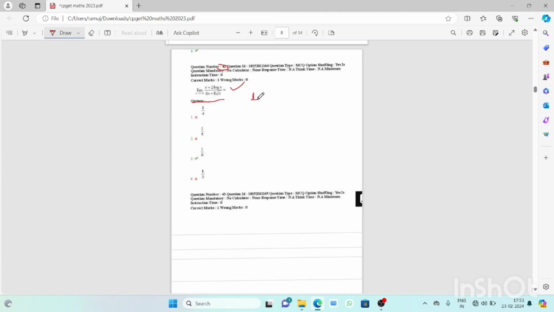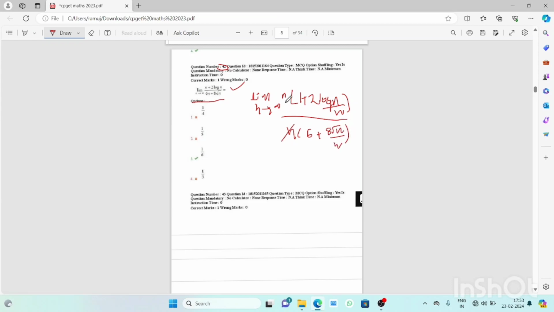So if I take the common n, I will get 1 plus 2 log n divided by n, divided by 6 plus 8 root n by n.